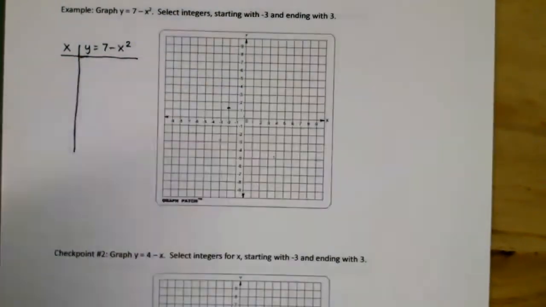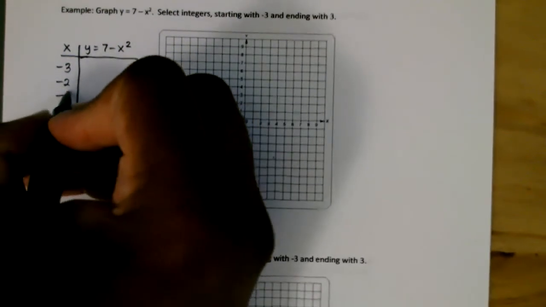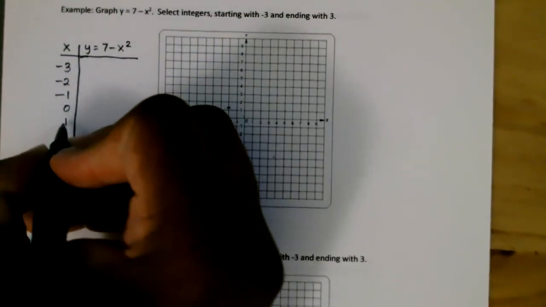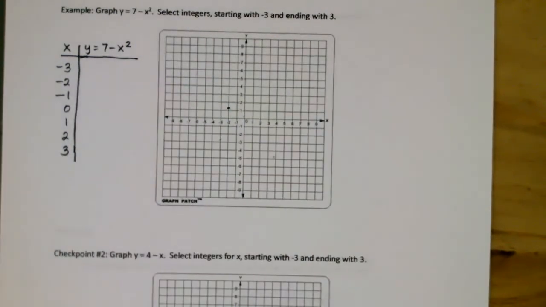So I'm going to create an XY table. And this is going to be y is equal to 7 minus x squared on the left side. And we're starting with -3. So we go from -3, -2, -1, 0, 1, 2, and 3. Those will be my x values.